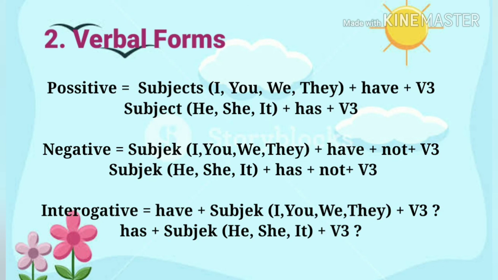Negative: subject (I, you, they) plus have plus not plus verb 3. Subject (he, she, it) plus has plus not plus verb 3. Interrogative: have plus subject (I, you, they) plus verb 3. Has plus subject (he, she, it) plus verb 3.